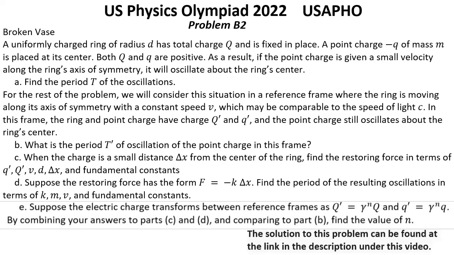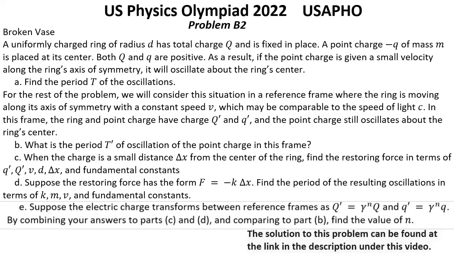Question C. When the charge is a small distance dx from the center of the ring, find the restoring force in terms of small q prime, big Q prime, v, d, and dx, and the fundamental constants. Question D. Suppose the restoring force has the form F equals negative k dx. Find the period of the resulting oscillations in terms of k, m, v, and the fundamental constants.